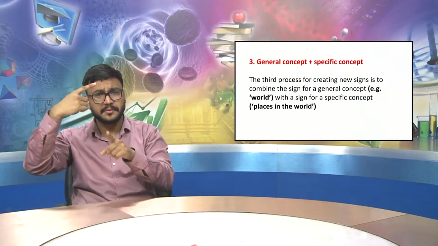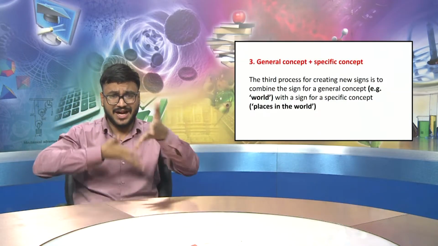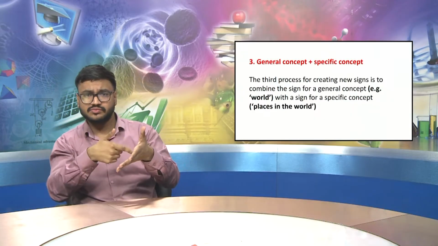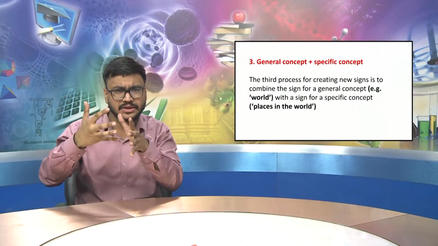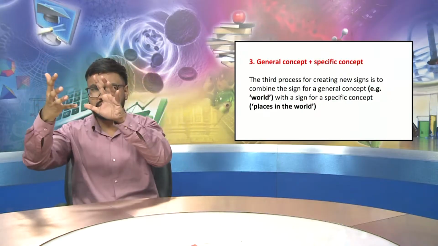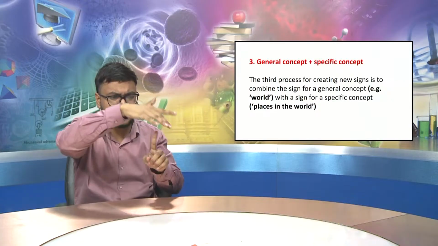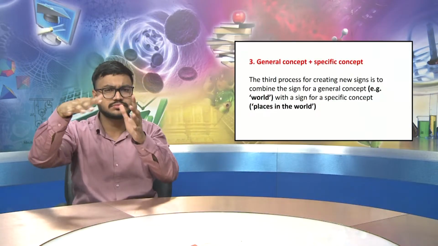Next is general concept plus specific concept. The third process for creating a new sign is to combine the sign for a general concept with the sign for a specific concept.